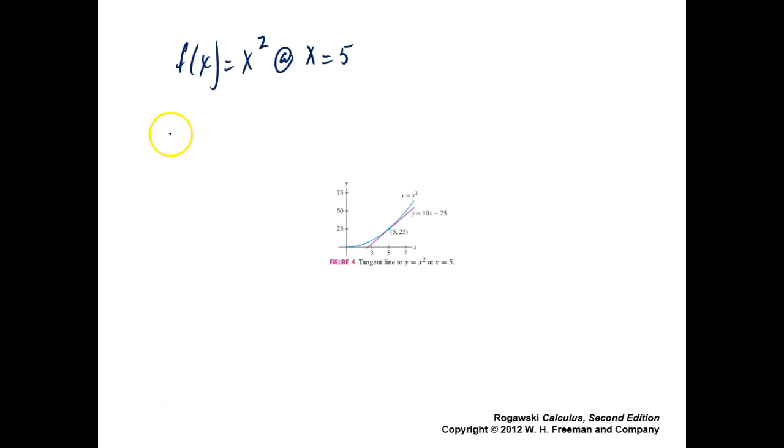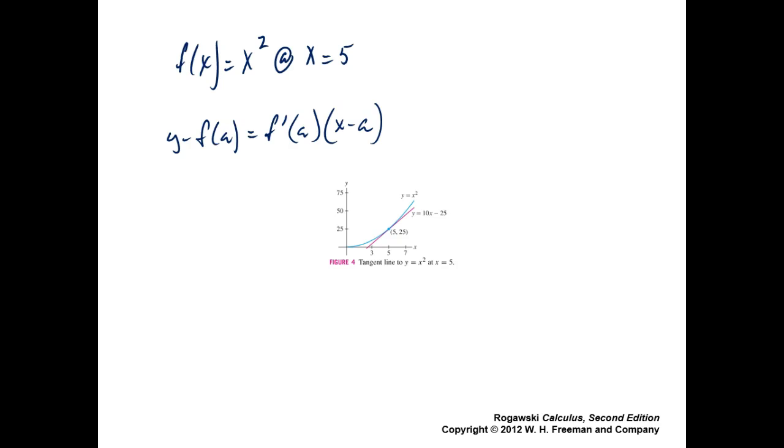It was just on the last slide. y minus f of a is equal to f prime of a, which is a derivative, which we haven't done yet, times x minus a.